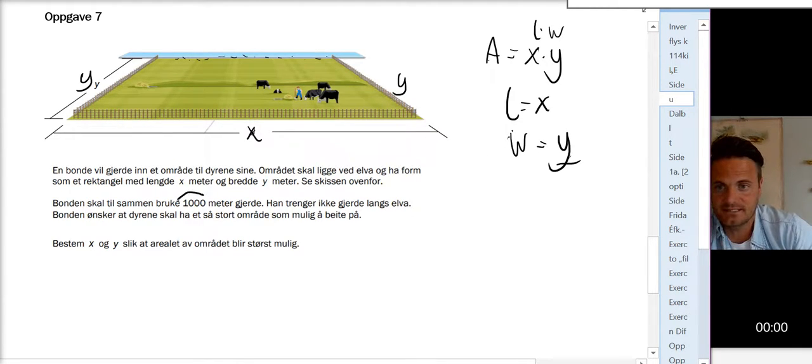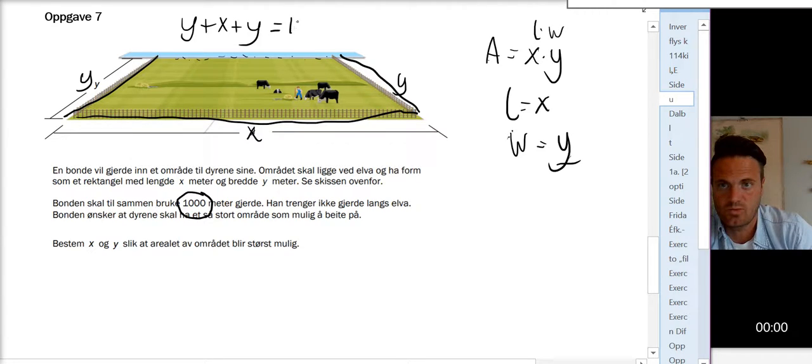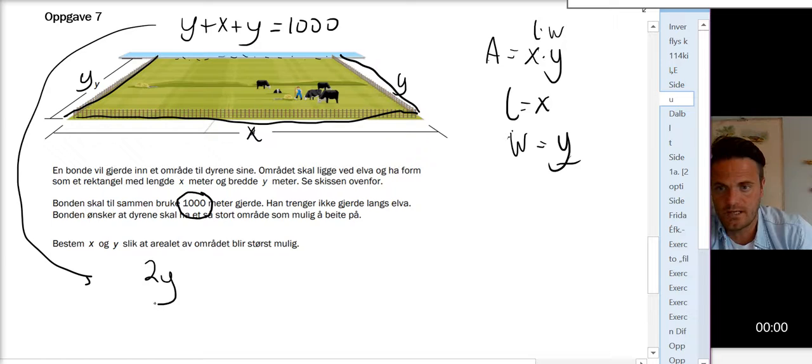And the thing is, this information here, we know they have 1,000 meters of fence, so we know that y plus x plus y, this side plus this side plus this side, is equal to 1,000, which means that 2y plus x is equal to 1,000.